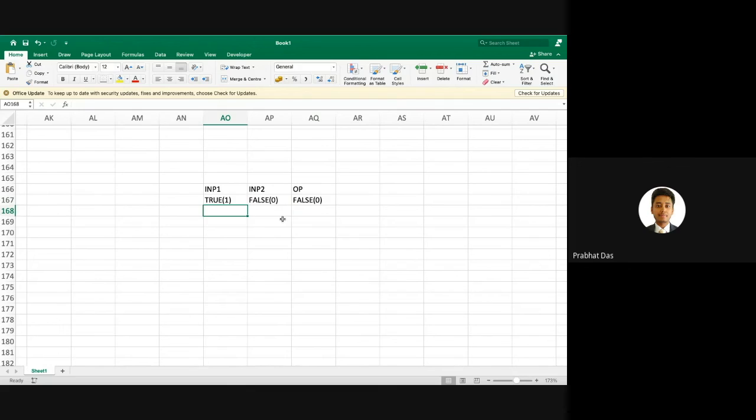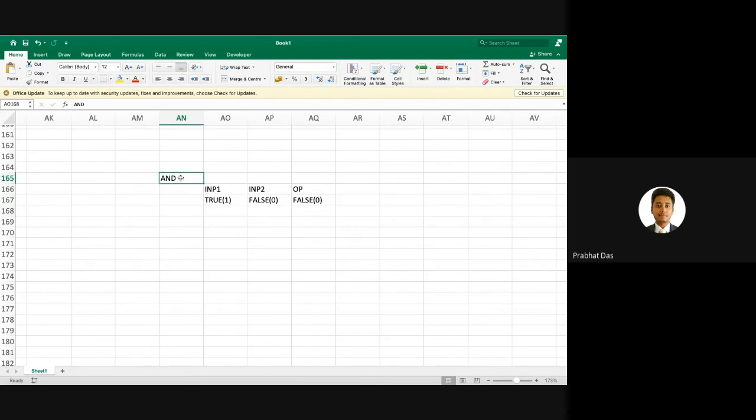It means that if you are passing a true value and a false value, and performing the AND operation between them, you get the final output as false. This is the case for the AND operation.